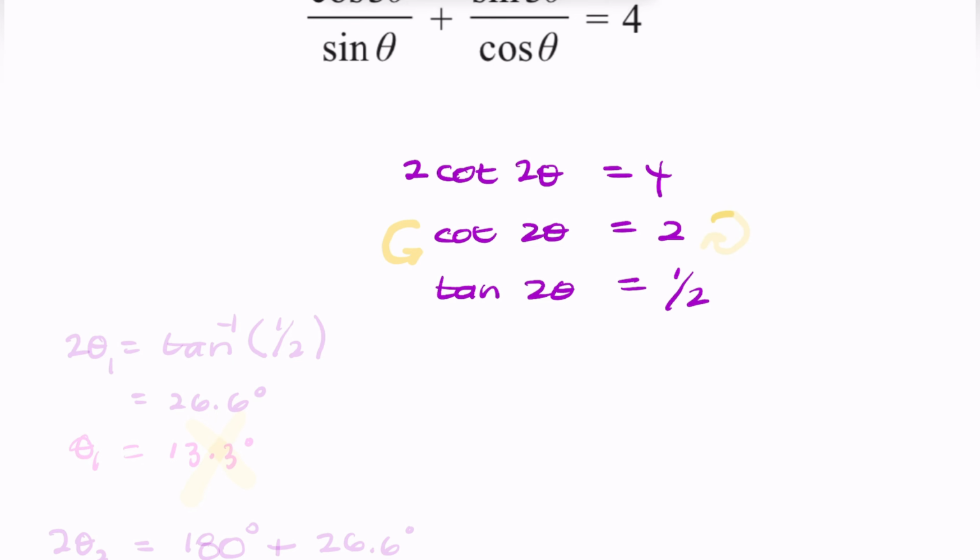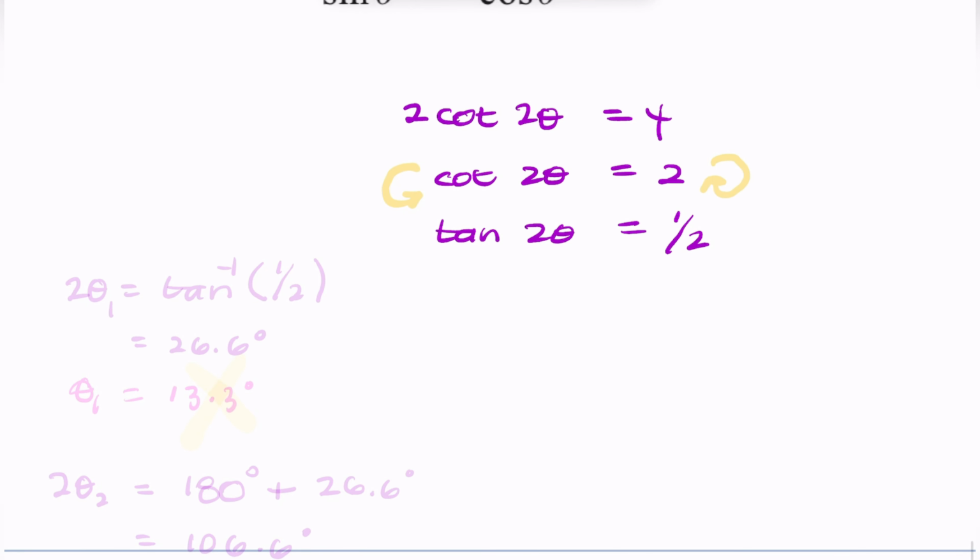Essentially it means taking the reciprocal of both sides. So tan 2 theta equals half, or 2 theta equals the inverse tan of half.